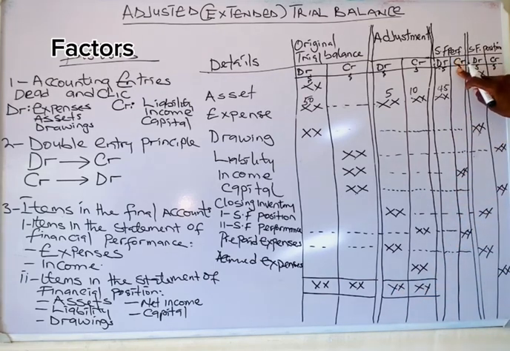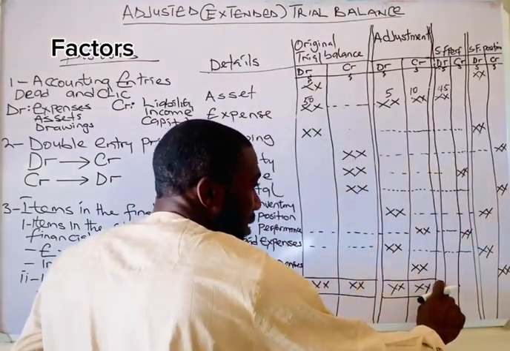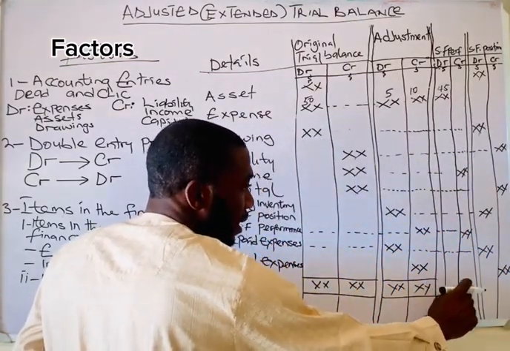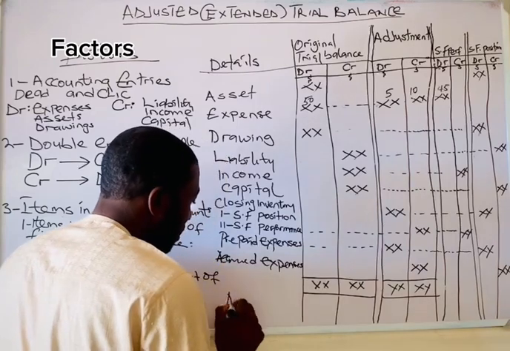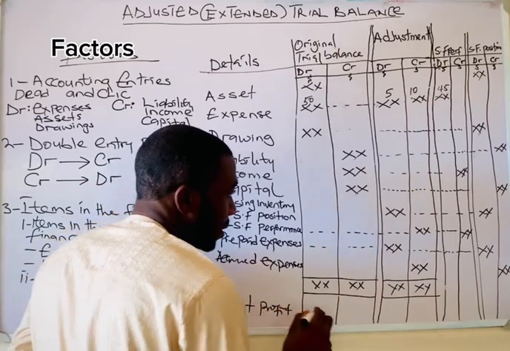So at the statement of financial performance, if you add the credit side and the debit side, the credit side usually will be higher than the debit side. And the difference between the debit and the credit side, when calculated, will be our net profit.